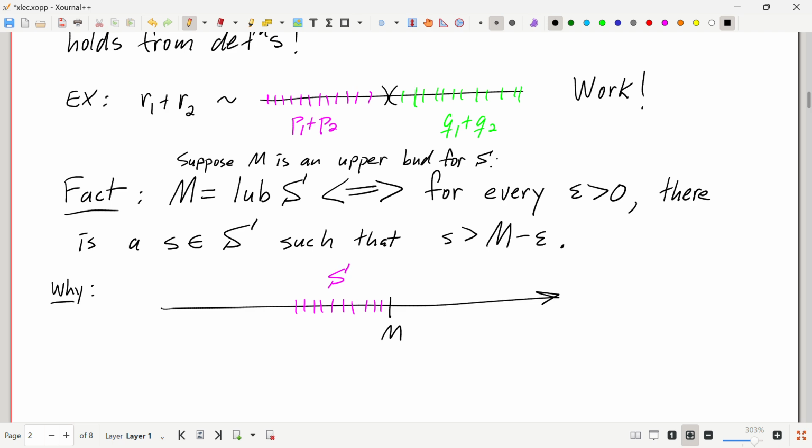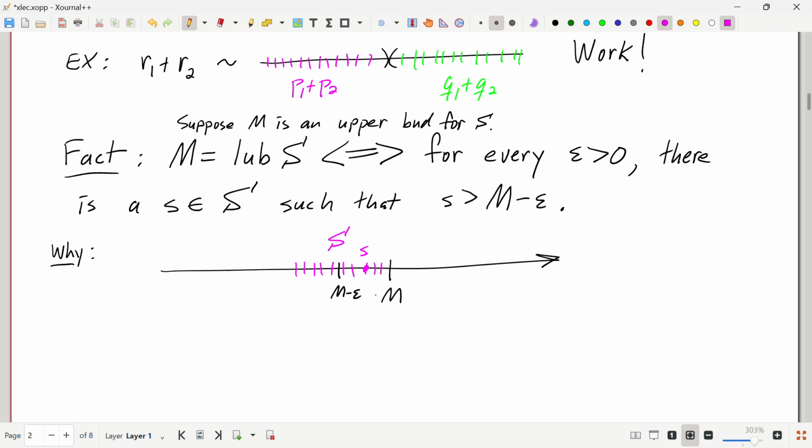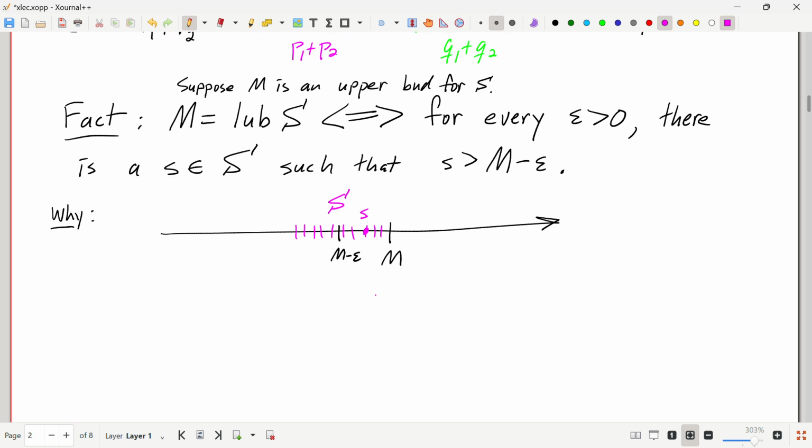M is right there. And so M minus epsilon is going to be over here somewhere. And so when I draw that picture, you believe, of course, there's going to be an s stuck between M minus epsilon and M. But when there's an if and only if thing, that means there's two directions to check out.